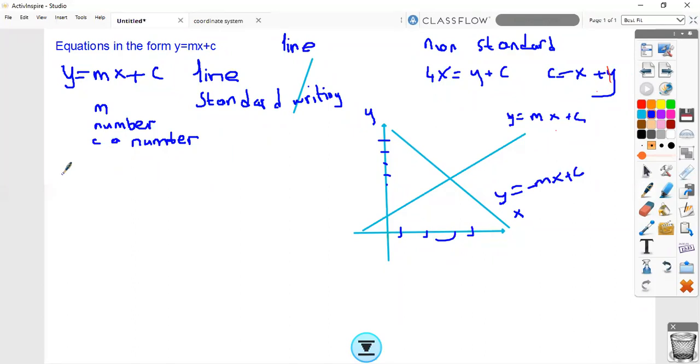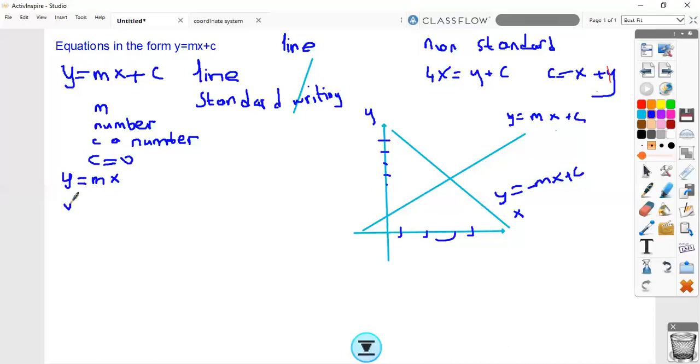Okay. Now, let's go about the c. Let's check this one. If we say c is equal to 0, our equation will be what? Y is equal to mx. Now if m is any number, we are going to multiply.